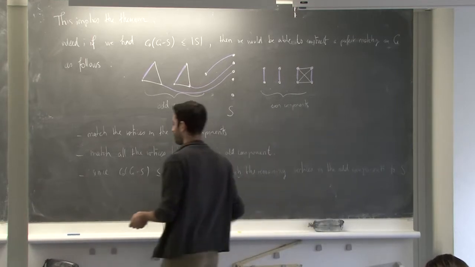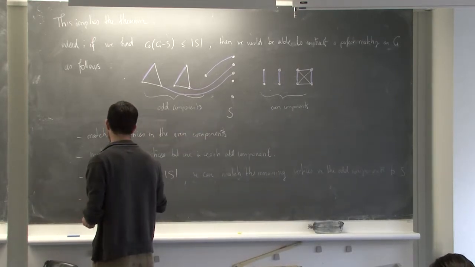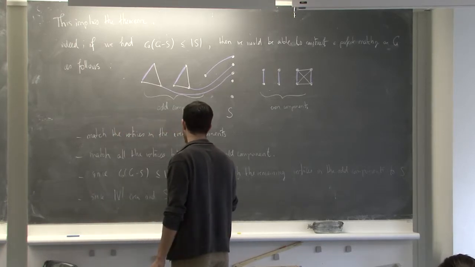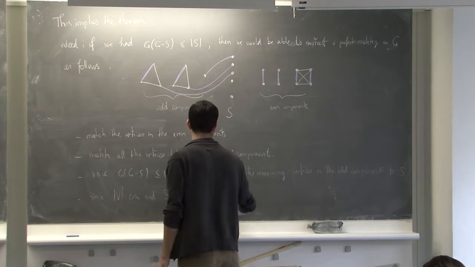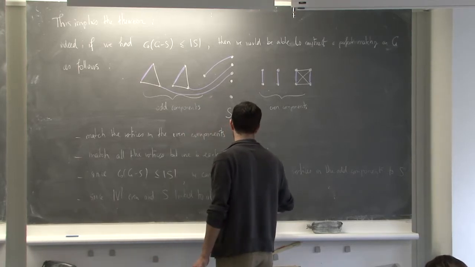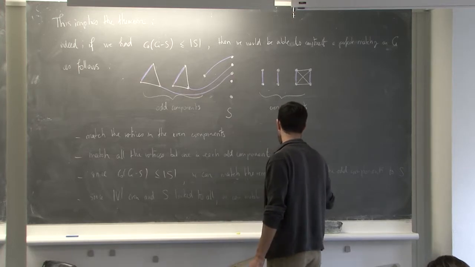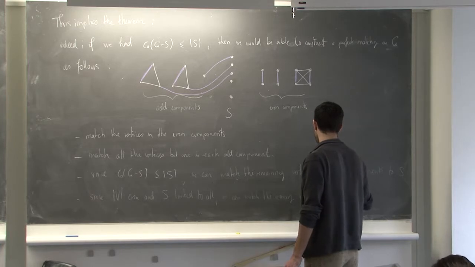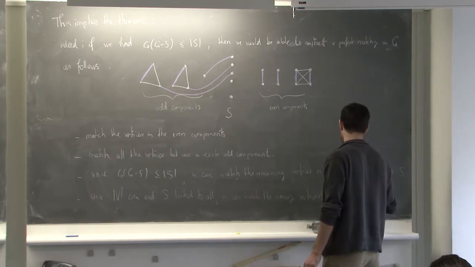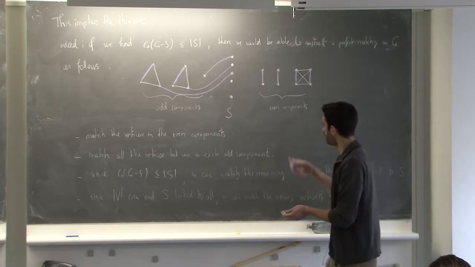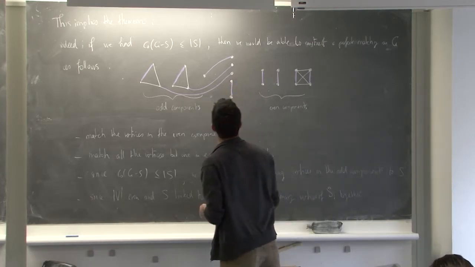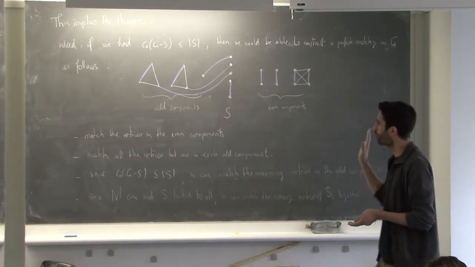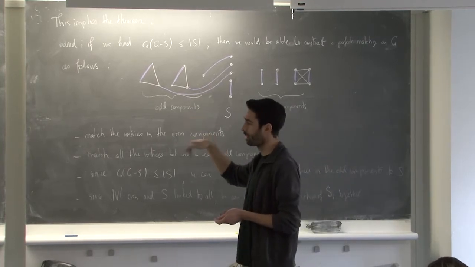Since V is even and S is linked to all, we can match the remaining vertices of S together. So you agree that the claim implies the theorem.